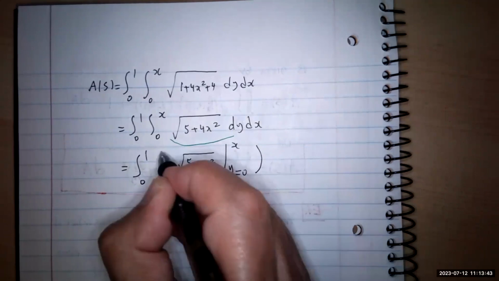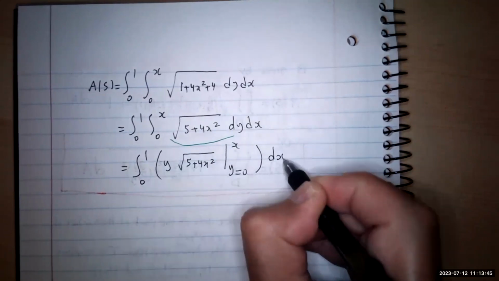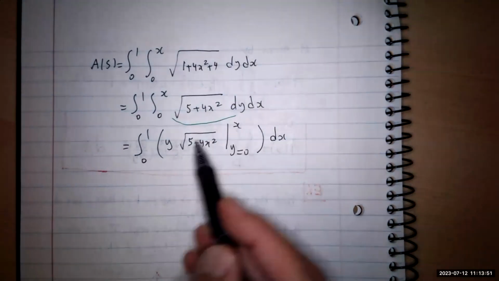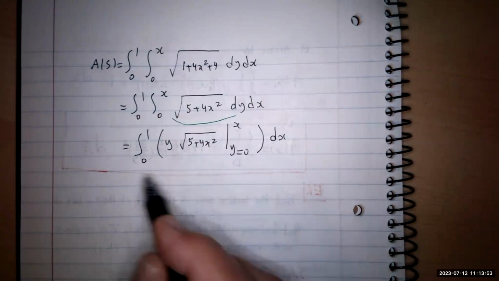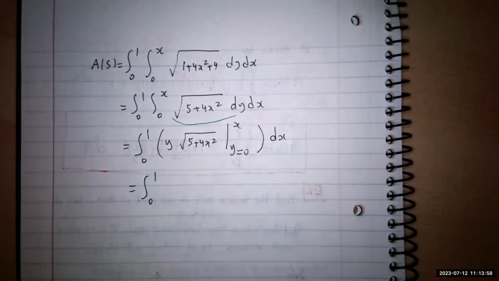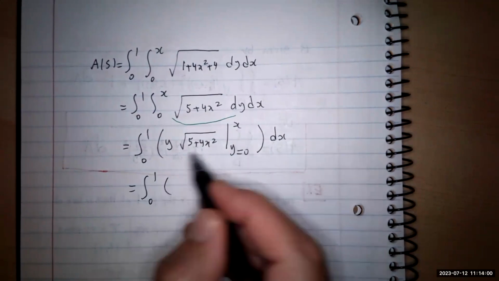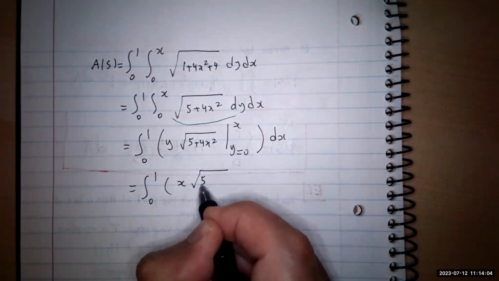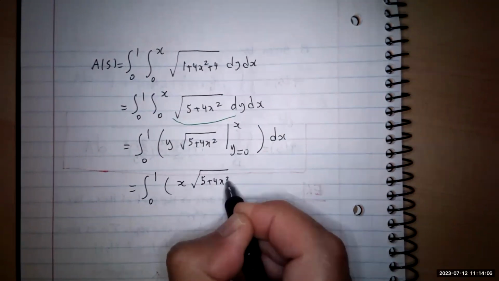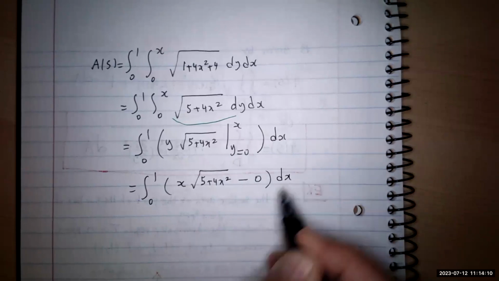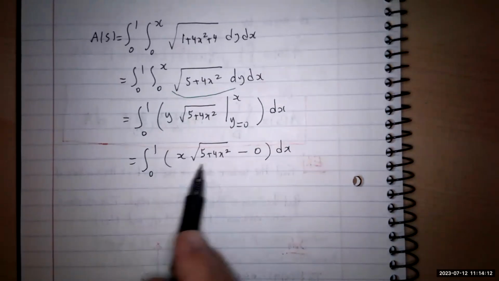When you're done, you come back and integrate with respect to x. Now replace y by x and by 0, so that gives you, from 0 to 1, x times the square root of 5 plus 4x squared, and replacing 0 gives you 0, dx. You have to find this integral.